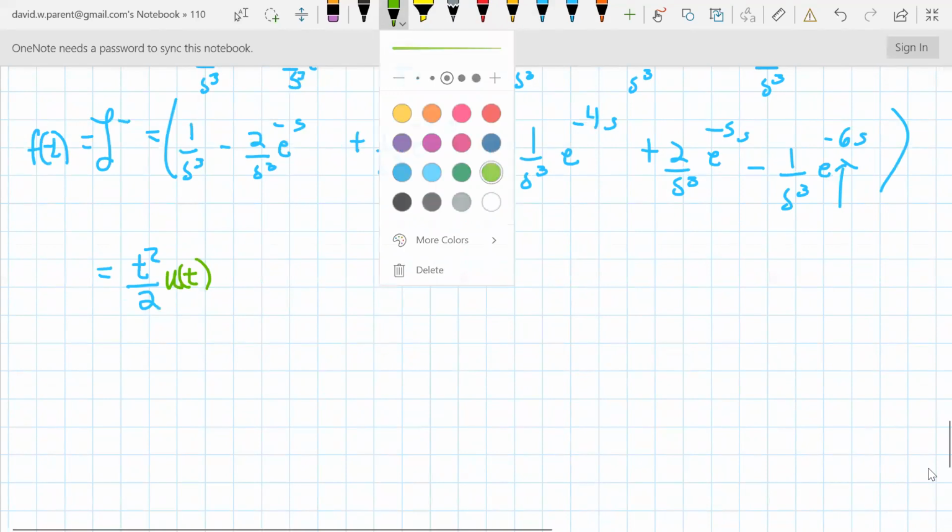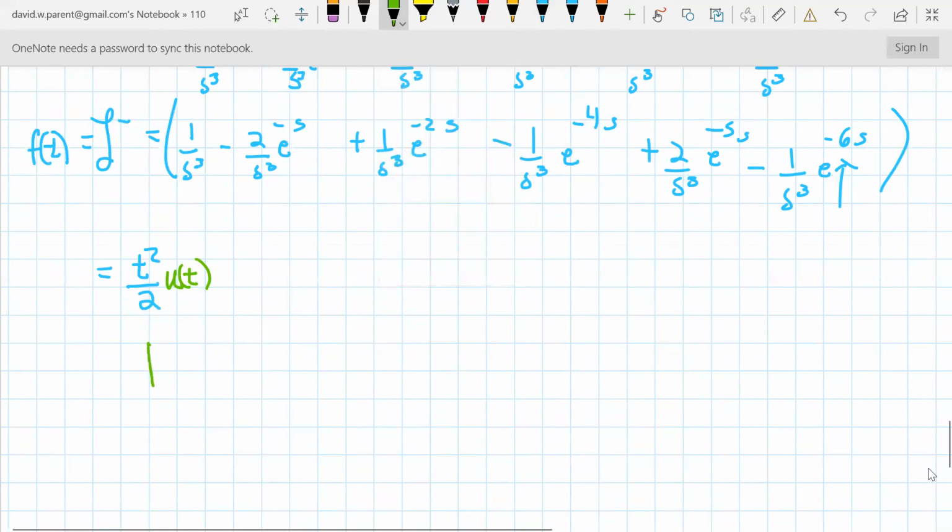Because this is the real shape of t squared divided by 2, all right?